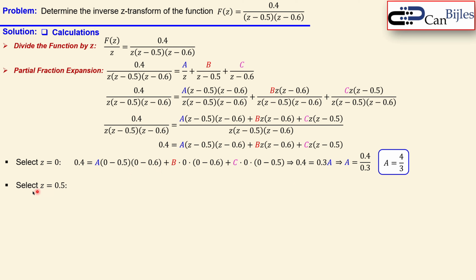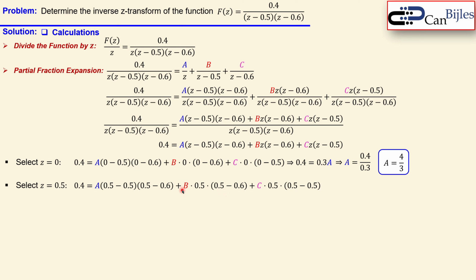Okay, next one is again a selection of the value for z, but now we would like to eliminate b or c in order to calculate those two. Now we can set z equal to 0.5. Why? Then we eliminate a here, and we also eliminate the c. So we have this one in detail.